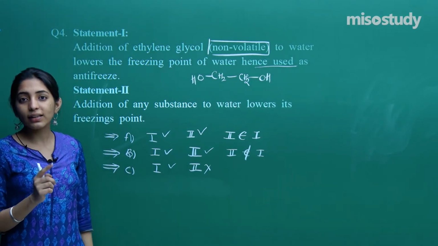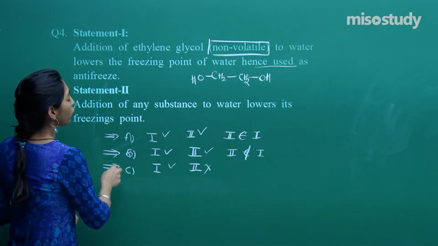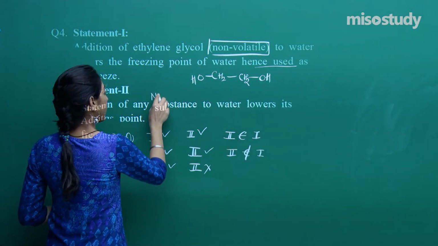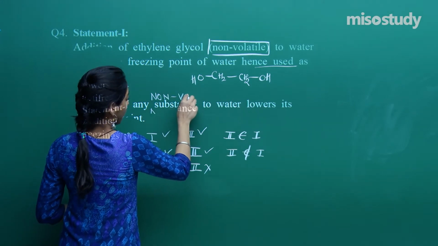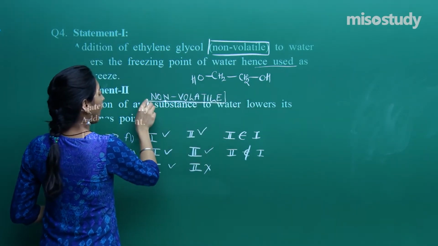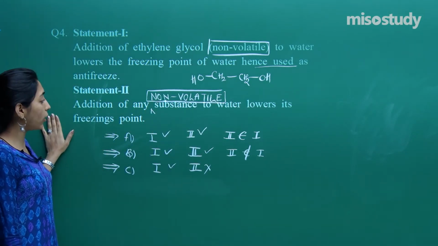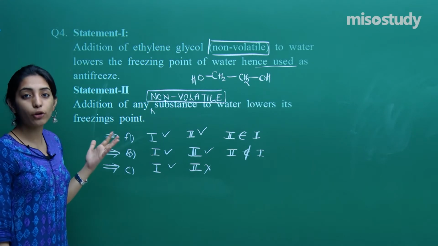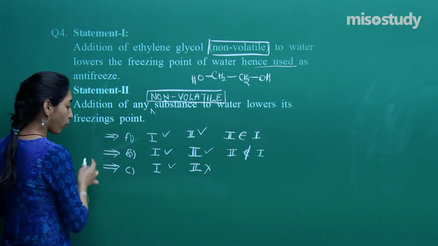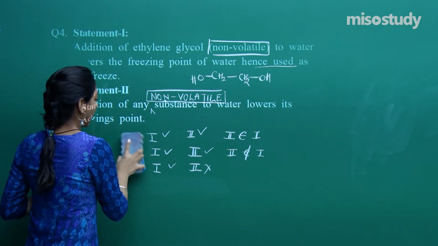We have already done that whenever you want to go for a depression in freezing point, you need to add a non-volatile substance. Until and unless you mention this word, the statement won't be correct. So statement 1 is okay, but statement 2 is not correct.